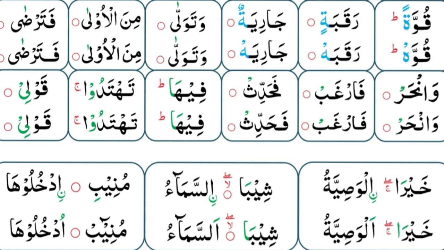The last letter is waw madda. So waw madda will remain as it is. Tahtadu, in case of waqf, tahtadu. In the next word, the last letter is ya madda. So you have to read ya madda as it is. Do not change in case of waqf. Qawli, in case of waqf, qawli.